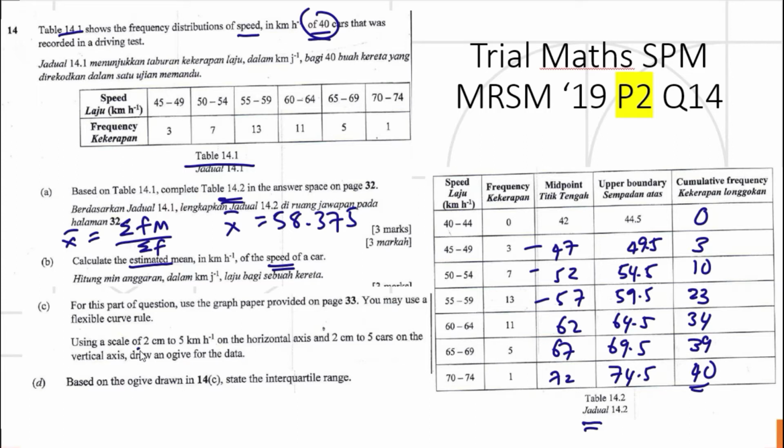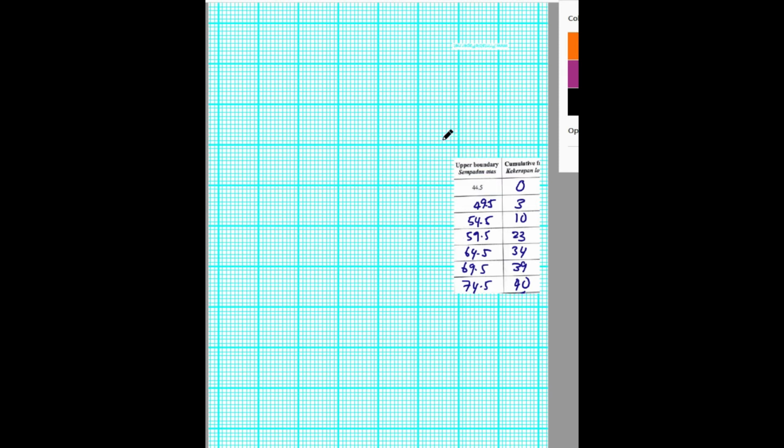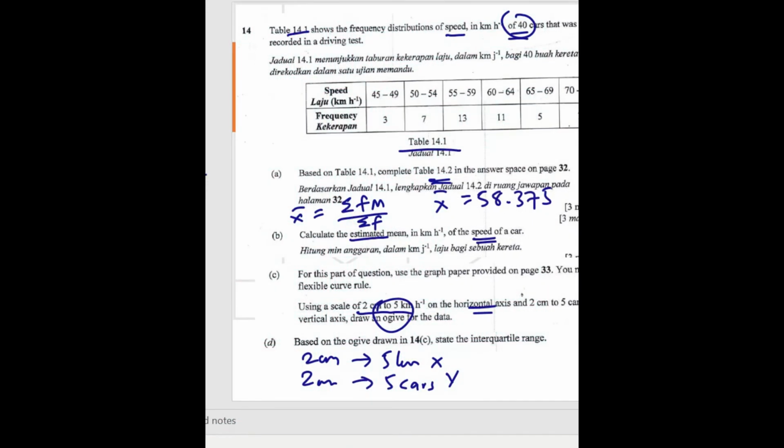Using a scale of 2 cm to 5 km per hour on the horizontal axis, X, and 2 cm to 5 cars on the vertical axis, Y, draw an ogive of the data. To draw an ogive, we need to use the upper boundary and cumulative frequency.